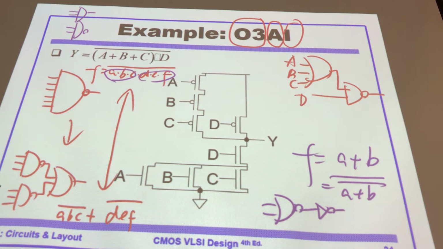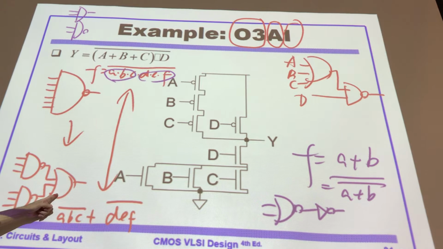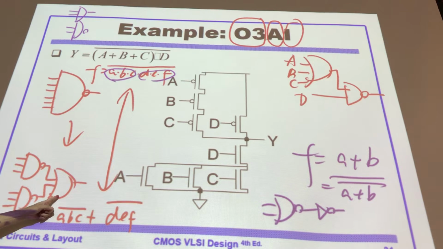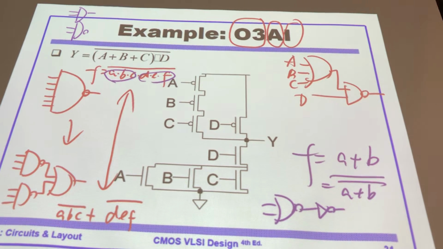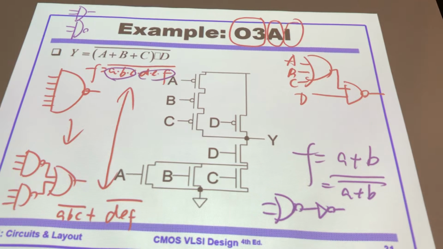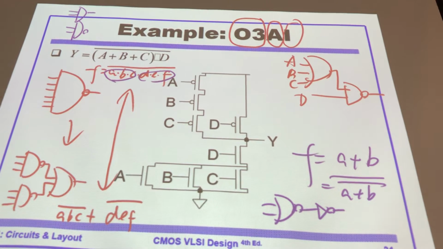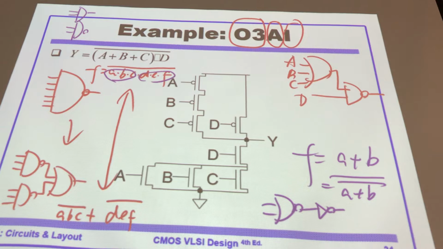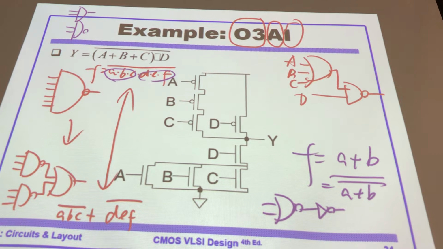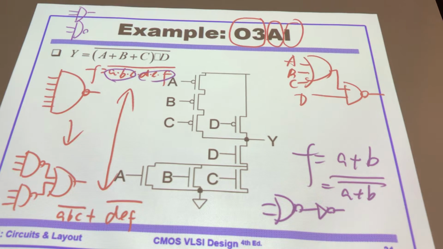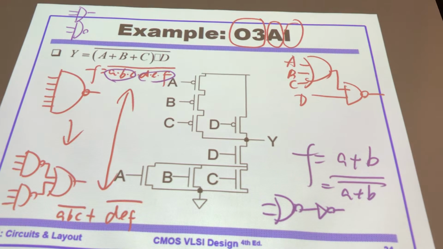And by Boolean function, this is all together. Right, that's correct. All right. Any other question?